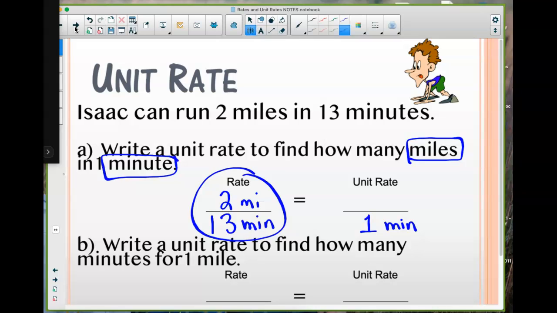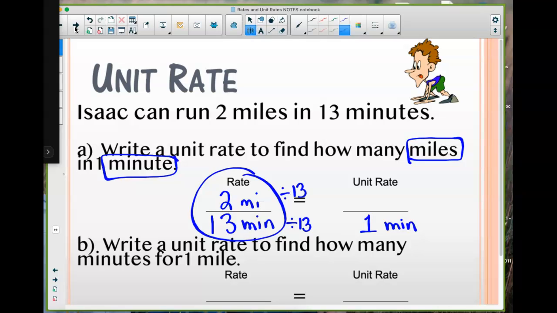Yeah, somebody wrote in the chat, divide by 13. Because 13 divided by 13 would be 1. So we're going to divide the top number by 13. And you guys, here's where your calculator comes in handy. Okay, we're going to do 2 divided by 13, and it has to go in that order.